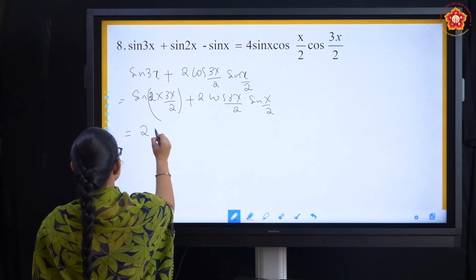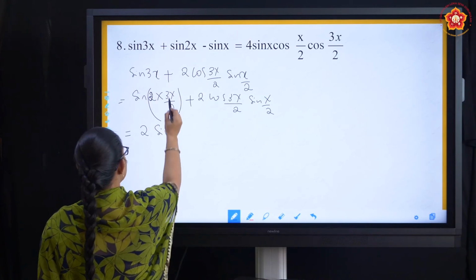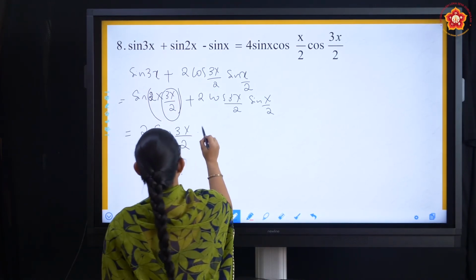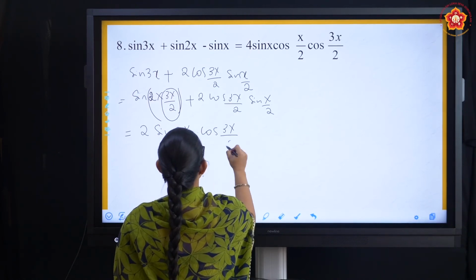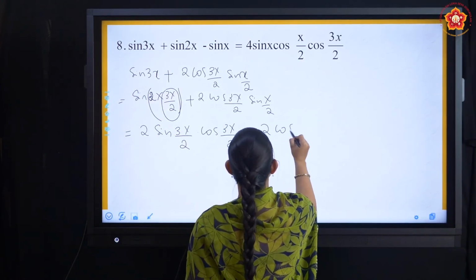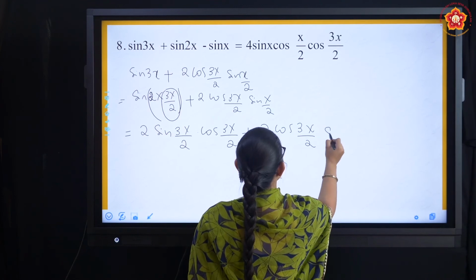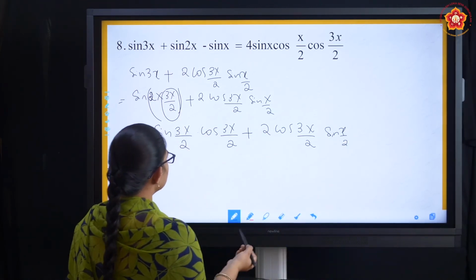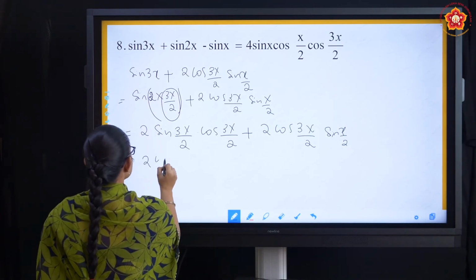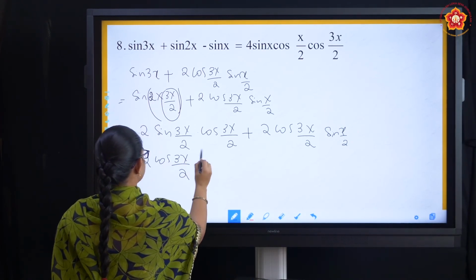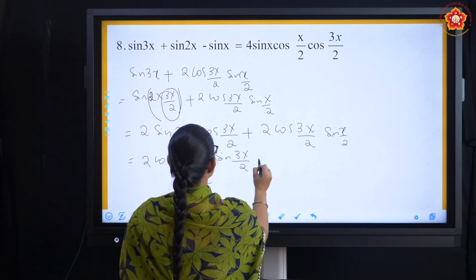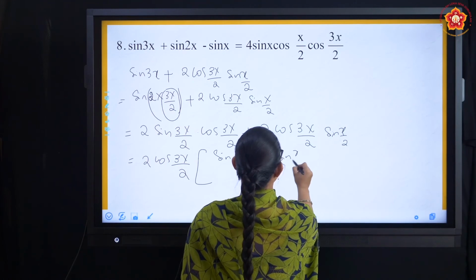The sin 2x formula is 2 sin x cos x, where x is here 3x by 2. So 2 sin 3x by 2 cos 3x by 2 plus 2 cos 3x by 2 sin x by 2. Now I can take 2 cos 3x by 2 out common. So I have sin 3x by 2 plus sin x by 2.